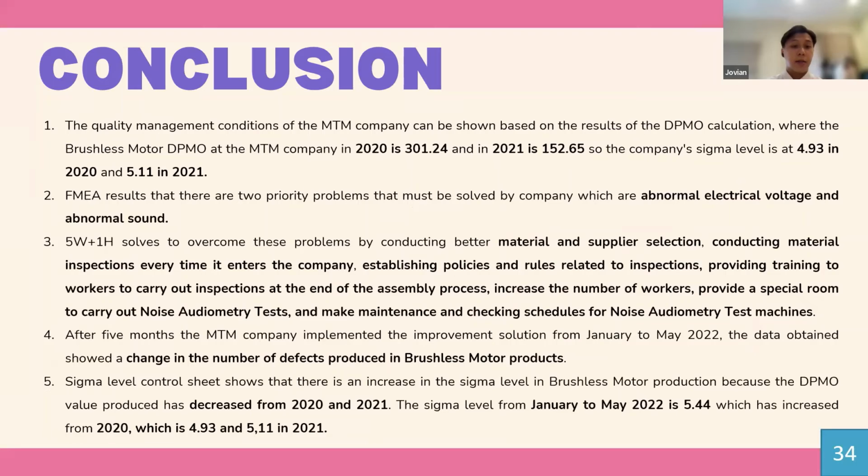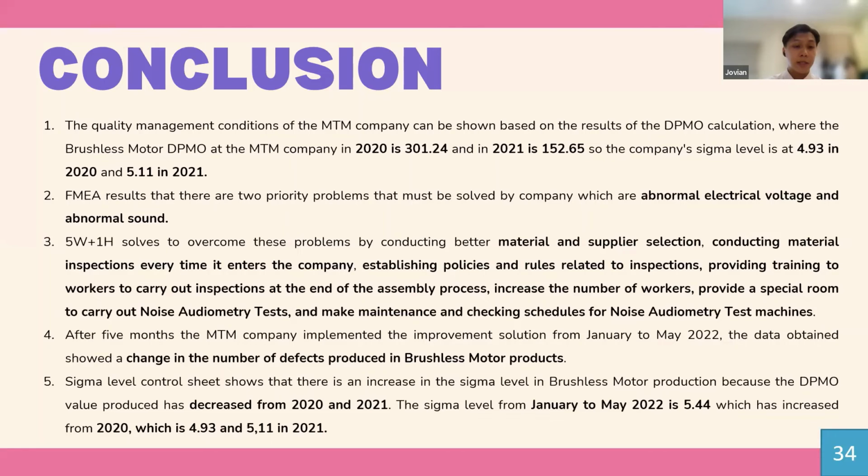FMEA results show that there are 2 priority problems that must be resolved by the company, which are abnormal electrical voltage and abnormal sound. 5W plus 1H was used to overcome these problems by conducting better material and supplier selection, conducting material inspection every time it enters the company, establishing policies and rules related to inspection, providing training to workers to carry out inspection at the end of the assembly process, increasing the number of workers, providing a special room to carry out noise audiometry tests, and making a maintenance and checking schedule for the noise audiometry test machine.